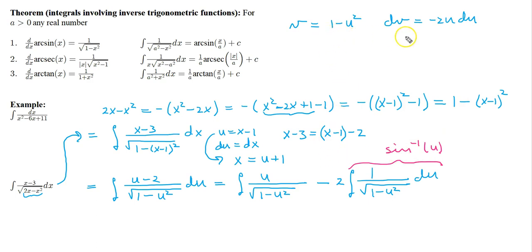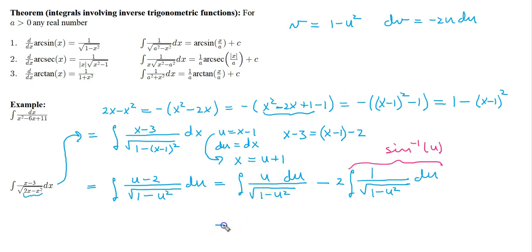So we see that this will work out, but let's try to do this one in our heads without going through the whole substitution process, right? So I forgot my du right here. There should be a du right there. So the u du is going to become some multiple of dv. So we can see that this will work out.